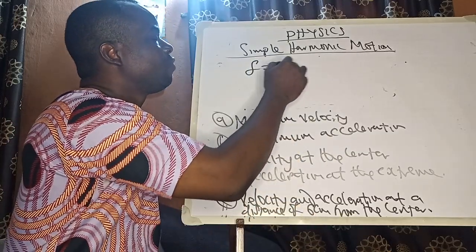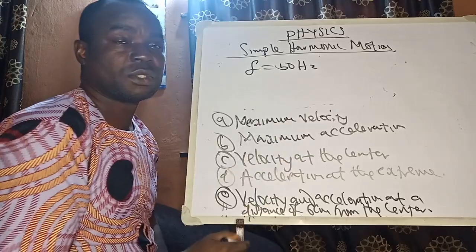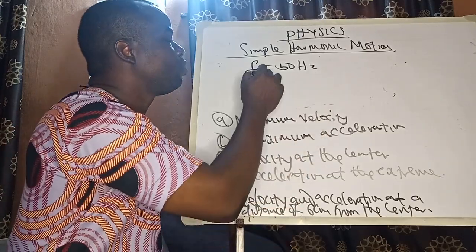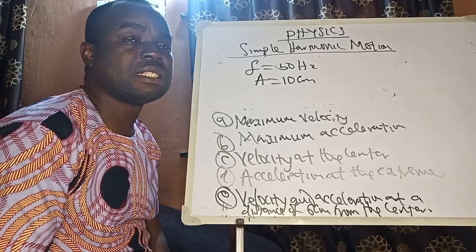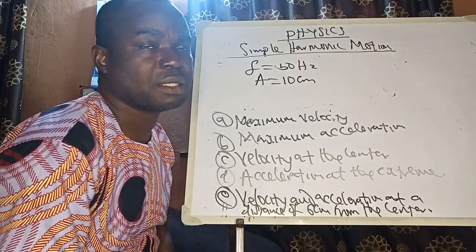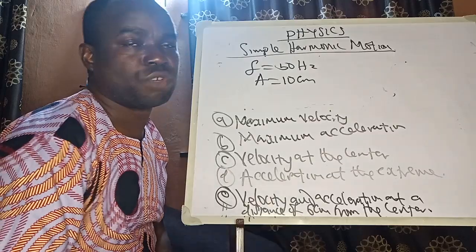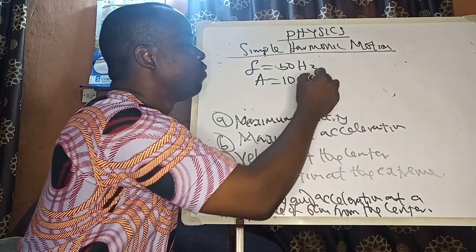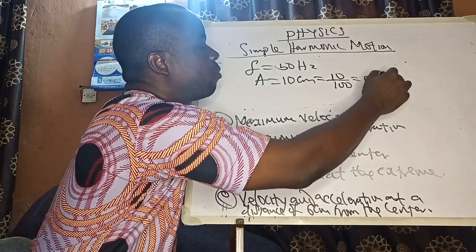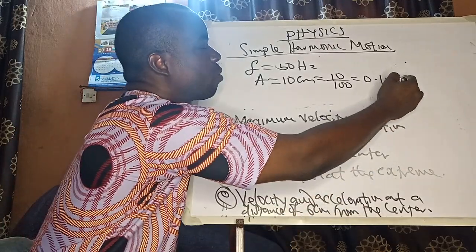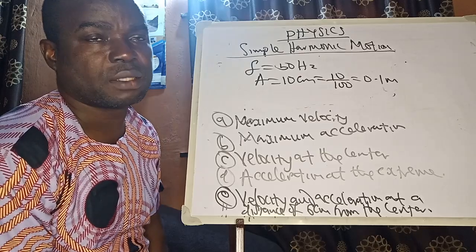Frequency is 50 Hz. Amplitude is 10 cm. And like I told you, anything that you have in cm, change it to meters by dividing it by 100. Now we have that's 10 over 100, which is 0.1 meter. Take note of that.